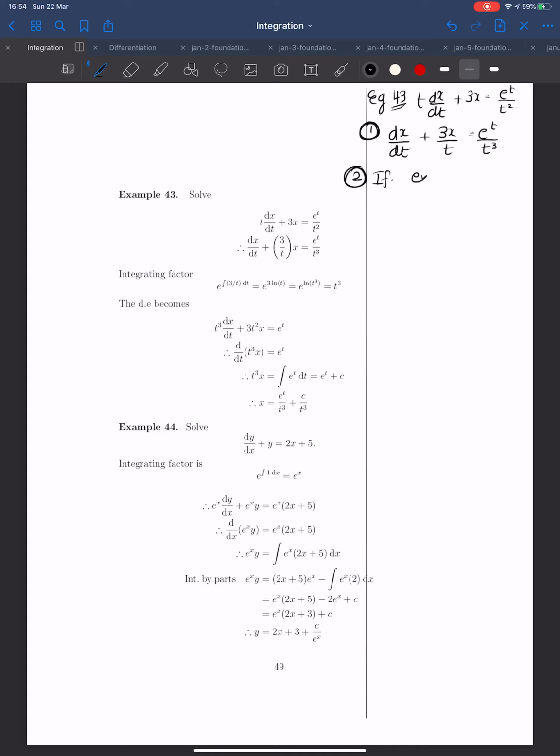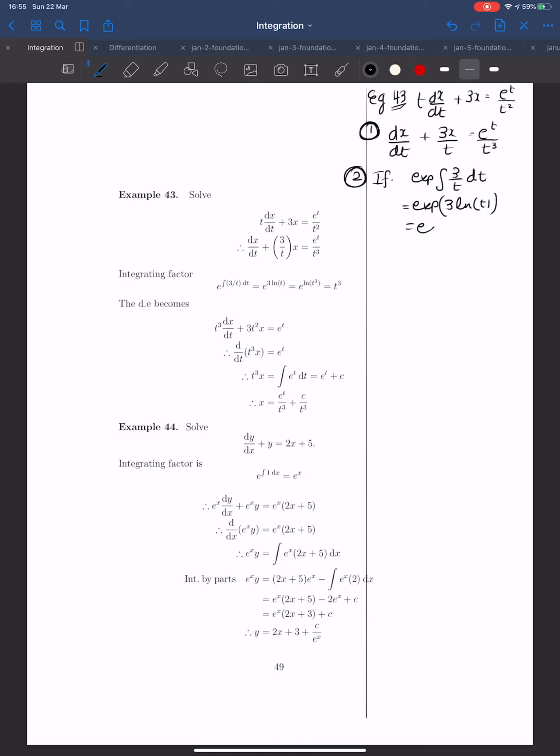And it's the exponential of the integral of 3 over t. In the previous example it was dy by dx, but this one is dx by dt, so it's the function of t that's multiplying the x there. So the integral of 3 over t dt is 3 ln t.